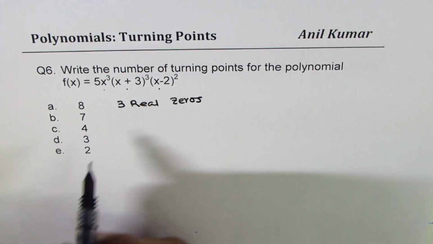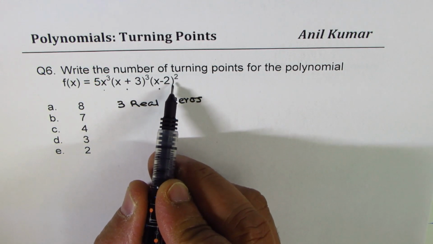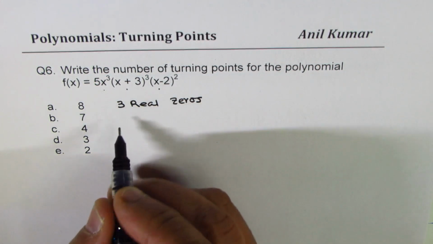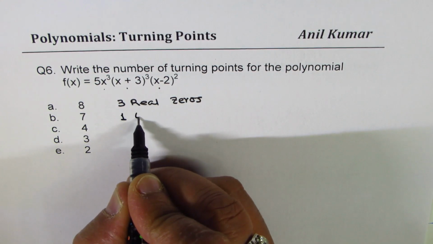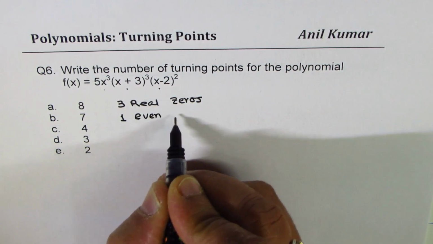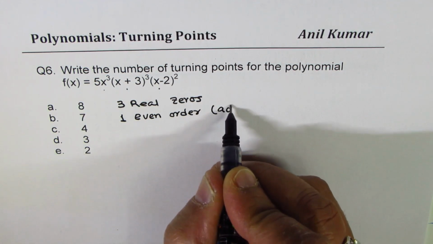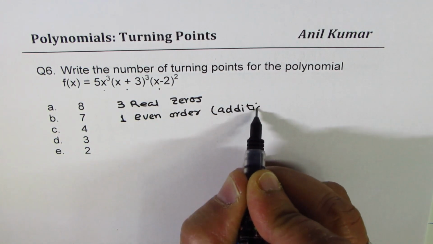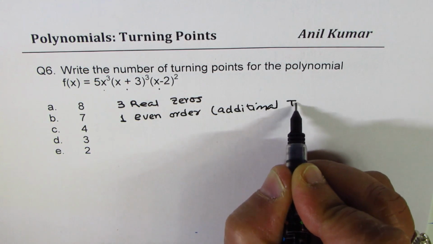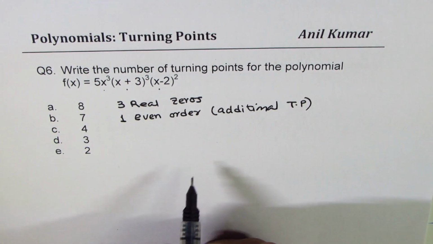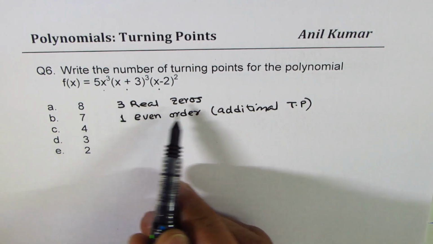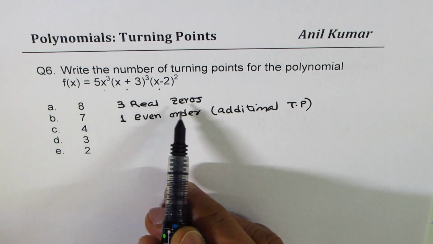Now out of these 3 real zeros, one has even order. So even order means an additional turning point. Do you understand? And between any 2 real zeros, we have 1 turning point.